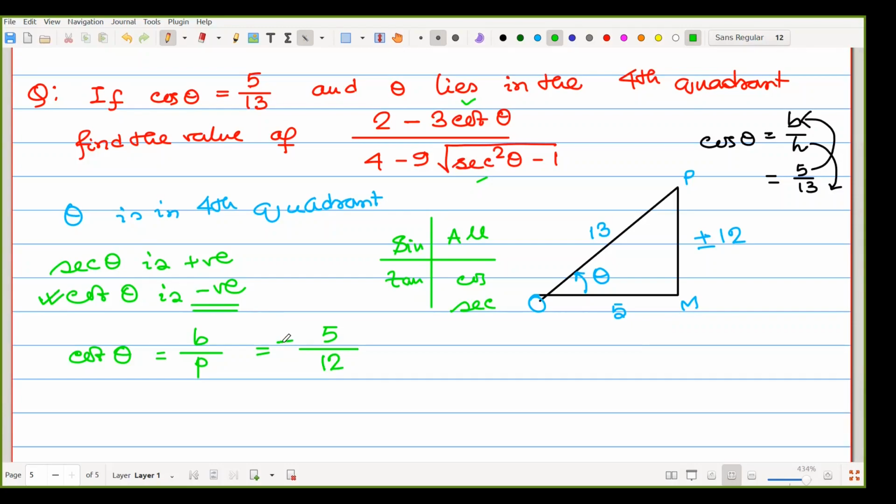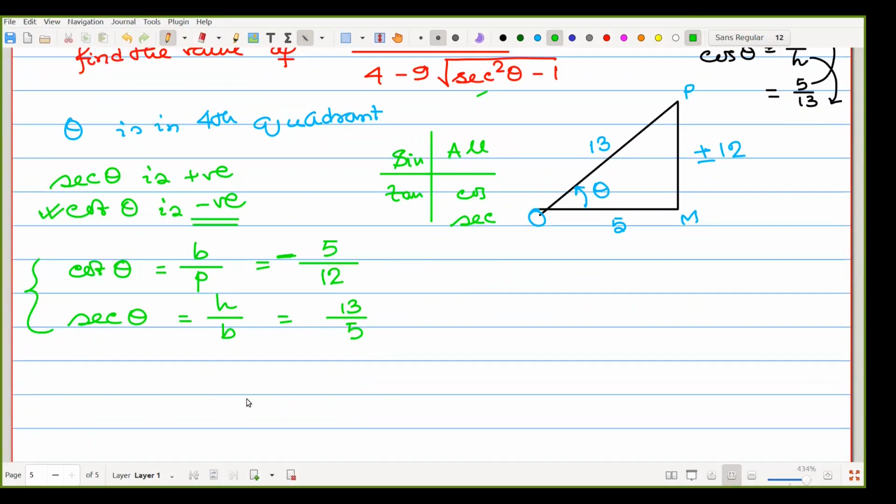So only minus 5 by 12. And we have sec theta. Sec theta is positive. Sec means we have hypotenuse by base. So hypotenuse means we have 13 and base means 5. So already we have found cot theta minus 5 by 12. Sec theta is equal to 13 by 5.